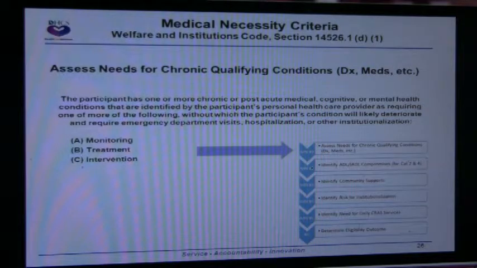Debbie, jump in, please, if you have anything else. These are the medical necessity criteria and some thought processes behind it, in the graphic representation here, about what you're looking for as you're going through your eligibility process and determining what those qualifying conditions are that are referenced under criteria number 1 in the medical necessity. This is just a tool to help you look at those statutory requirements.